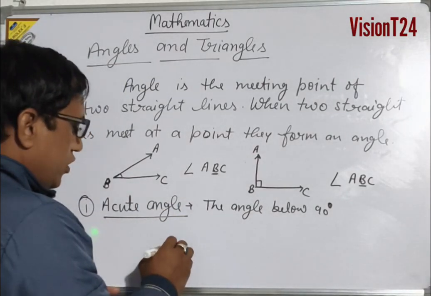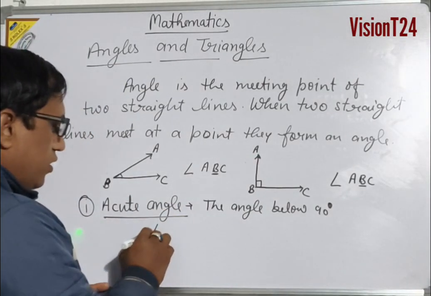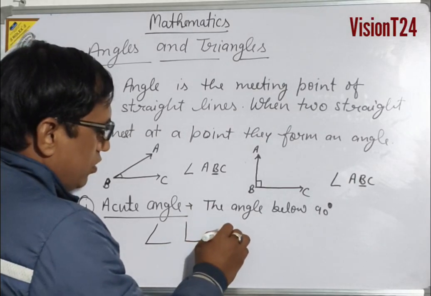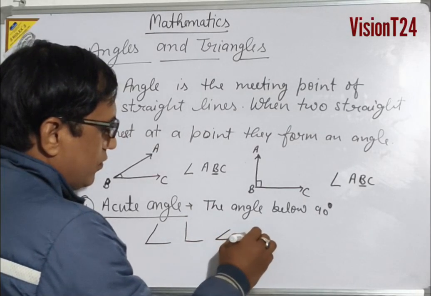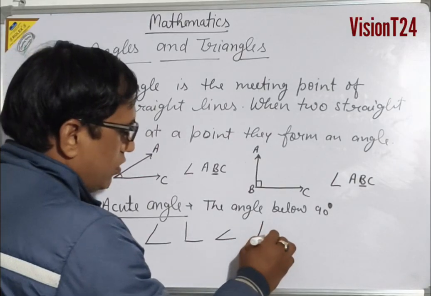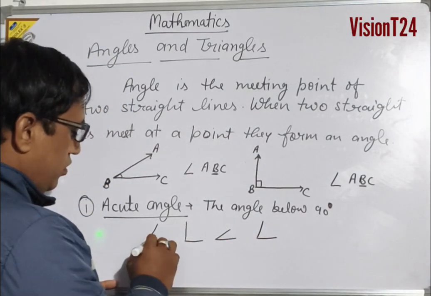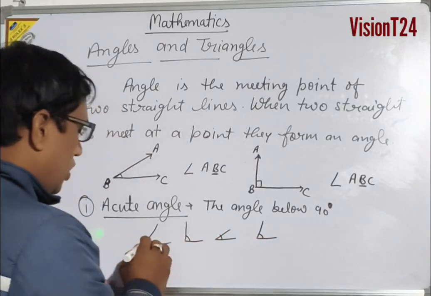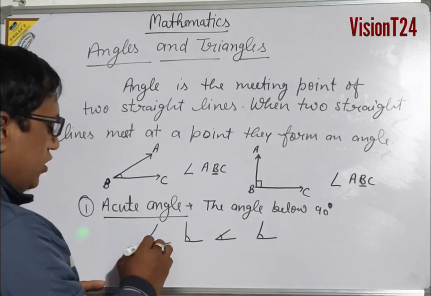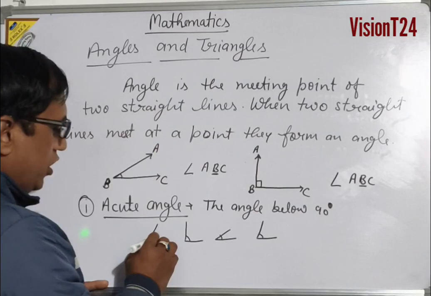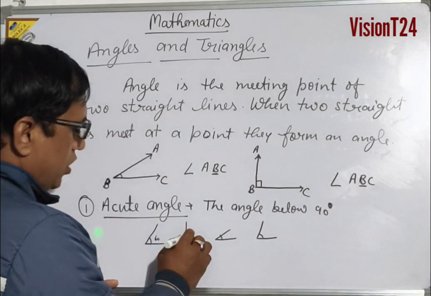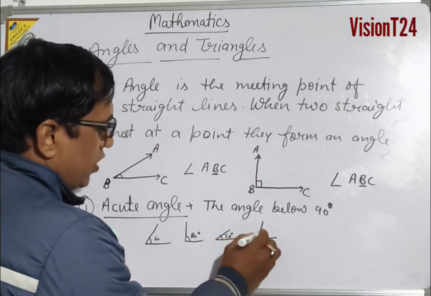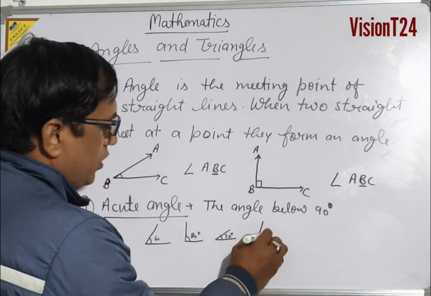And this angle looks like this one, this one, this one. Means how much degree it is. Suppose this is 60 degree, this is 80 degree, this is 30 degree, and this one is 65 degree.